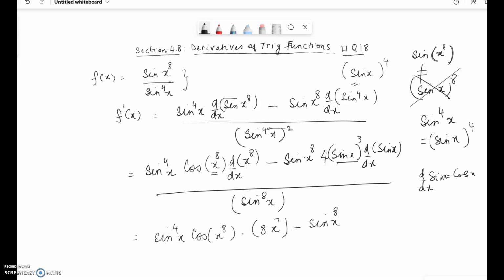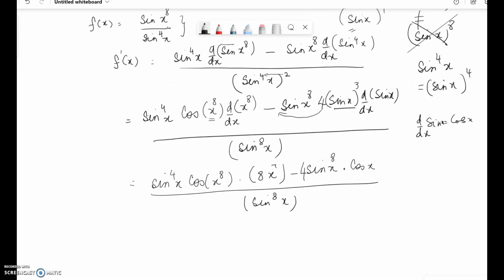Sine x to the 8th, I'm going to put the 4 in front here, and times d by dx of sine of x is cosine of x, divided by sine to the 8th x.